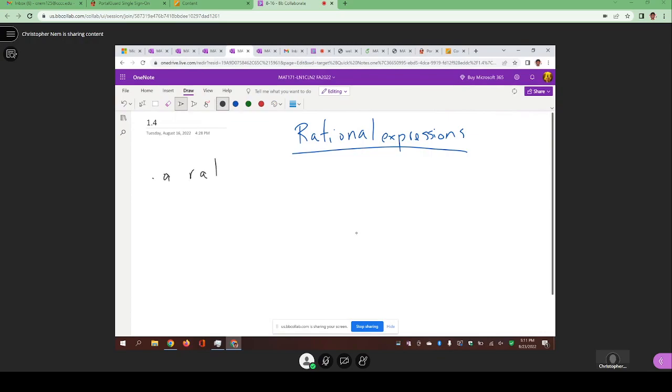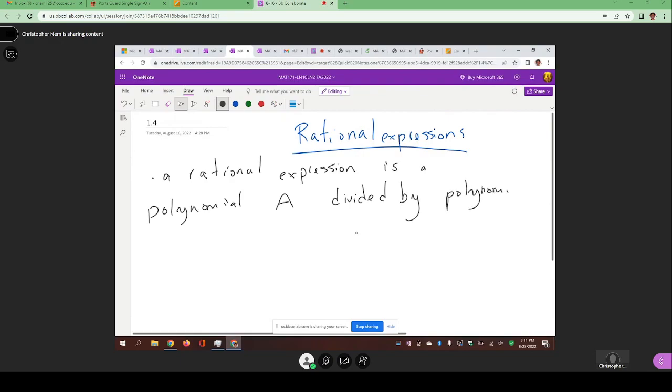A rational expression is a polynomial a divided by polynomial b. In other words, it's going to be a over b.